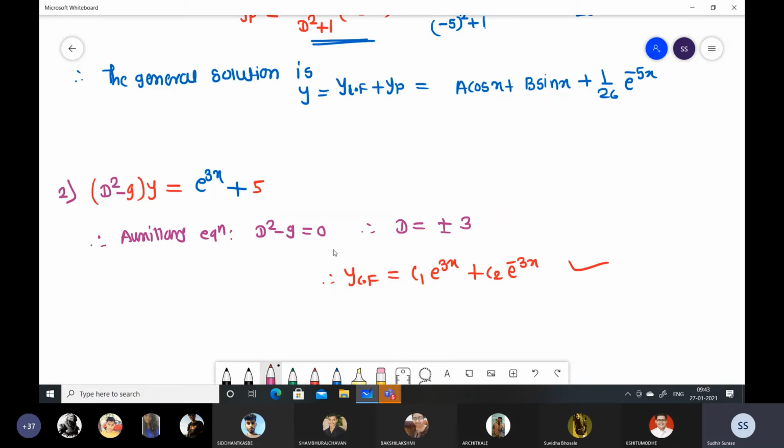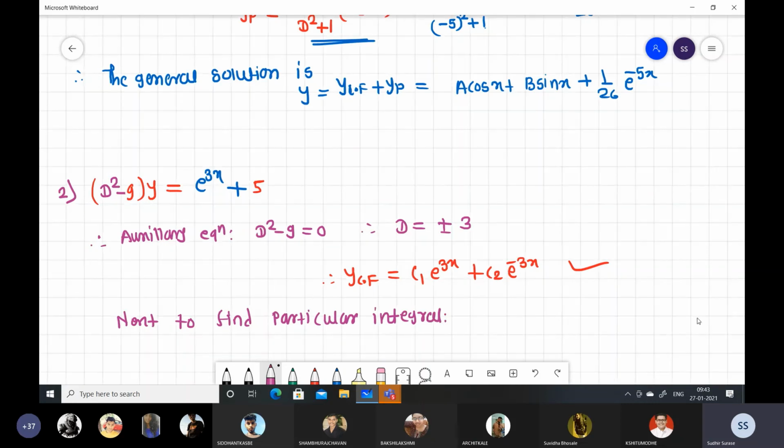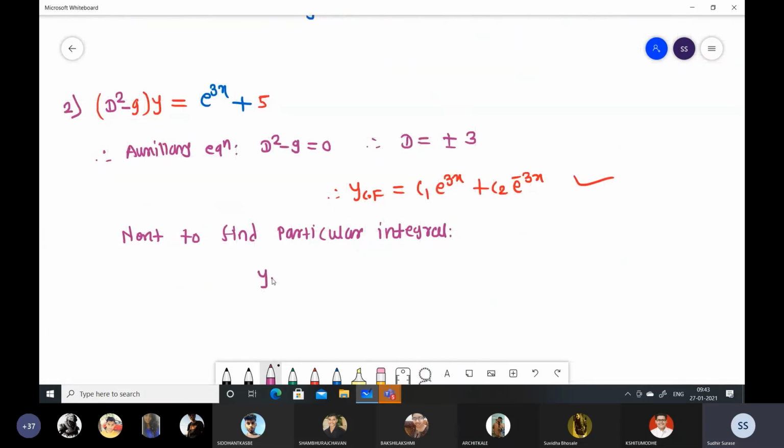Now next to find the particular integral. So therefore we can use shortcut formula number 1. yp is equal to 1 upon that operator d square minus 9 operating on the right hand side function, that is e to the power 3x plus 5.